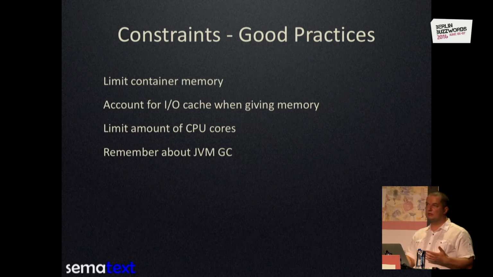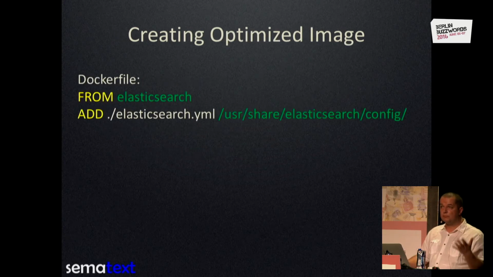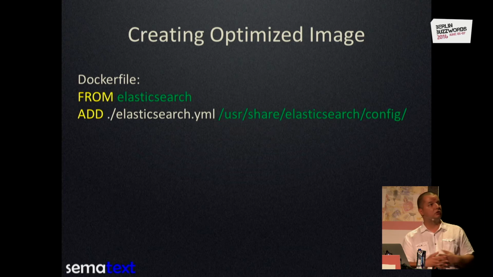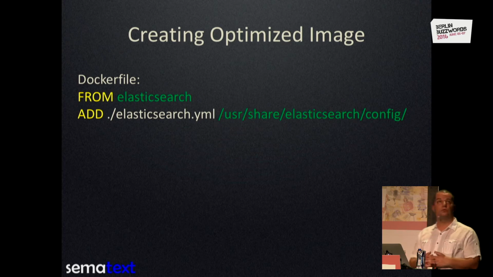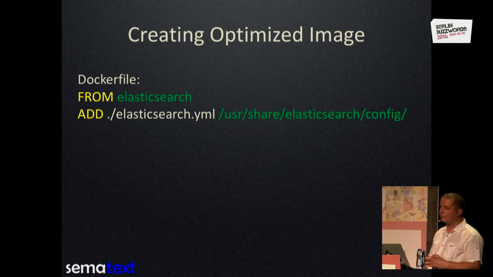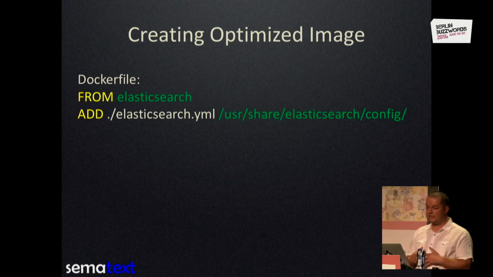Of course, we can provide things like properties to ElasticSearch when running it in the Docker container, but we can also create our own images that are optimized for our use cases, right? So, for example, here we create a Dockerfile, really a text file called Dockerfile, and we specify its contents. Here it is a very, very simple example of how you create an image.